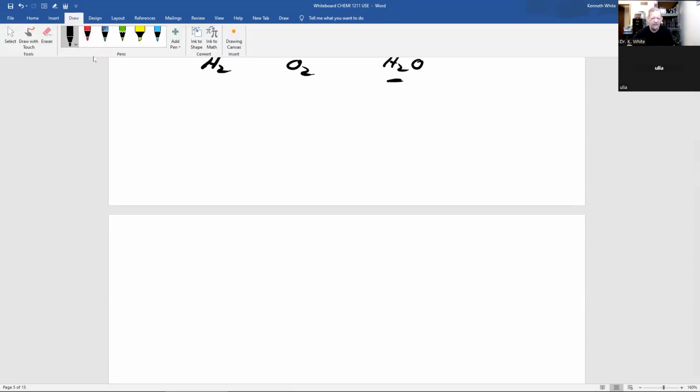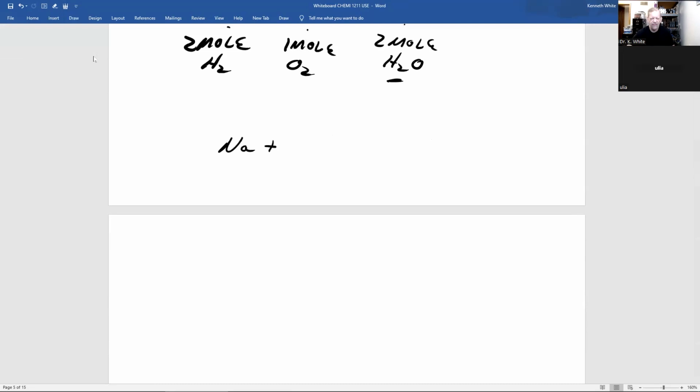Let's do another one. Here I have another balanced chemical equation. 2 sodium, 2 sodium, 2 chlorine, 2 chlorine. What does this now tell us? It tells us there are 2 moles of sodium. The coefficient gives molar relationships.